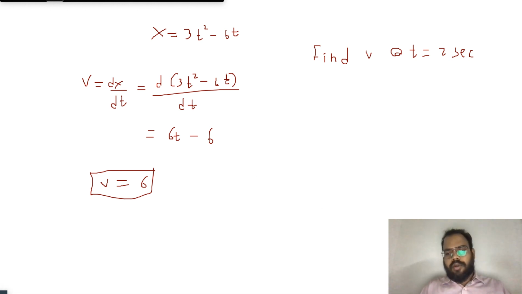Let's move on to one more question. The velocity is given as 3t square plus 4t, and you are asked for displacement at t is equal to 1 second.